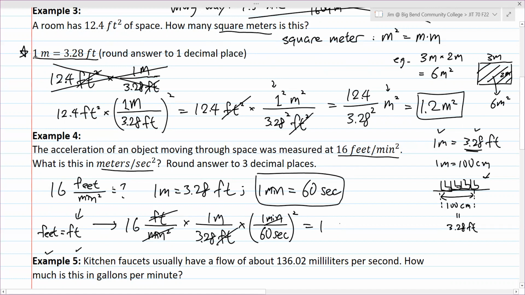So we end up having this. Combine all the factors. So you have 16 over 3.28 times 60 squared. Remember, we're squaring the entire fraction. So that's why we have 60 squared. Again, the final unit will be meter per second squared.